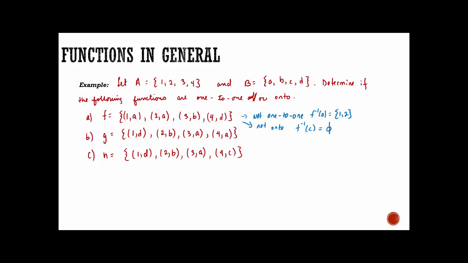So let's look at the second one. Is that function 1-to-1? No, right? Why not? Because it is the same case, right? For 3 and 4. So this is not 1-to-1.